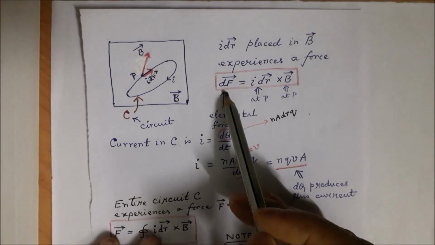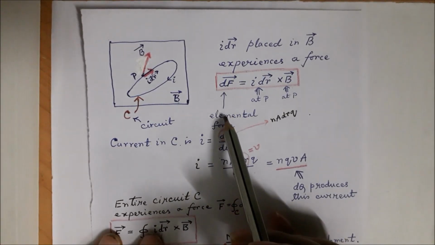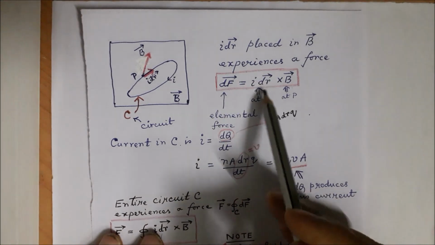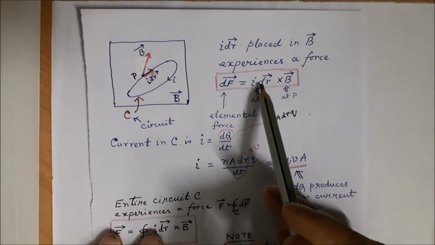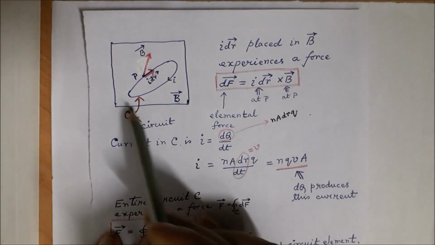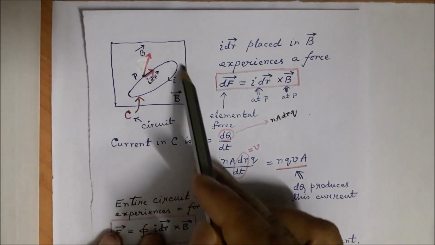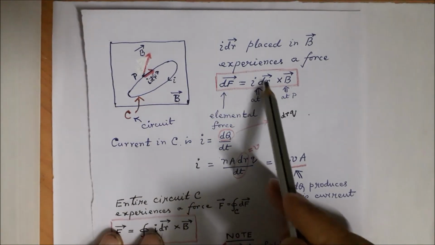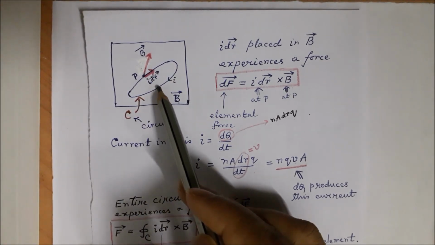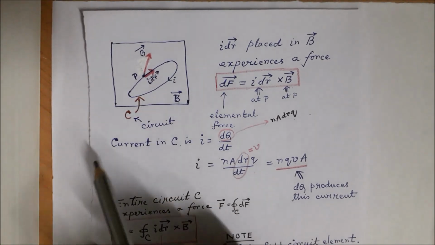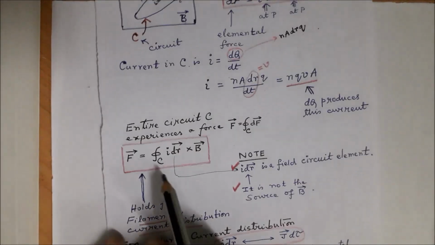Now let us go back to this one again. This is the elemental force experienced by this elemental length dr, or current element I dr. So being in a magnetic field, the entire circuit of which I dr is a part will also experience a force which can be obtained by integration over dF, and that we have done here.